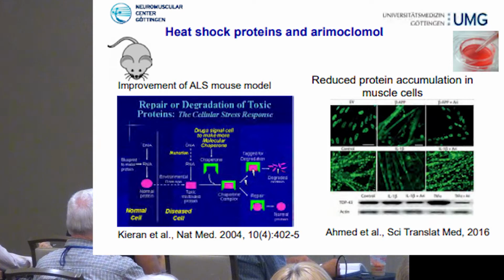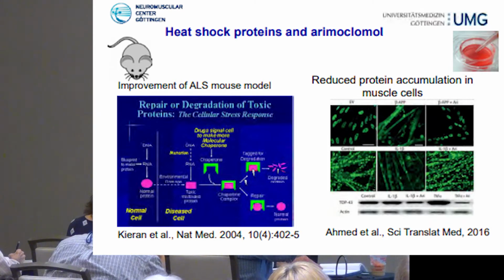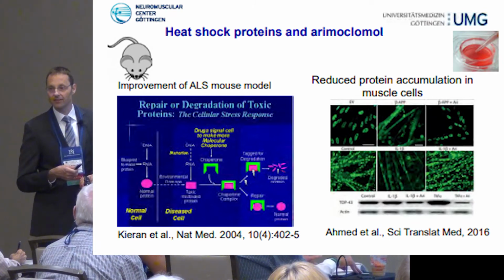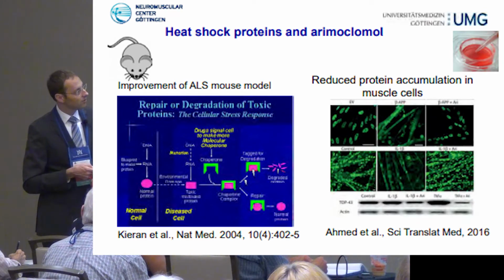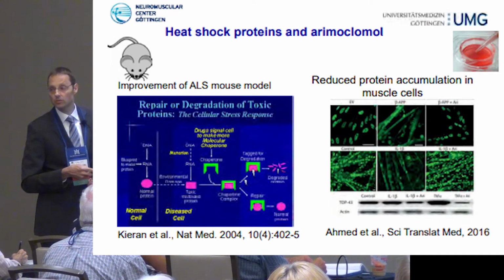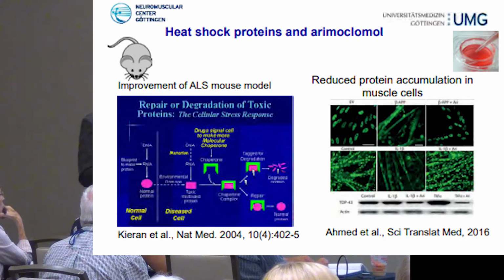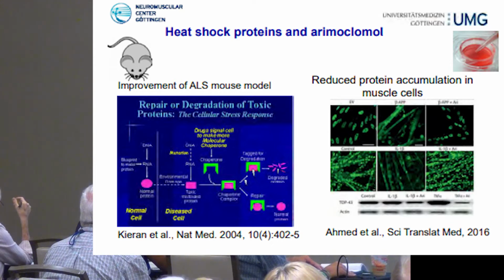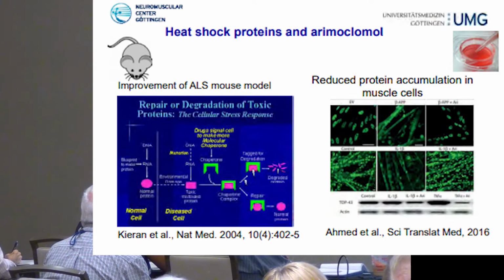So probably the IBM study now feeds back into the ALS field and convinces the authorities that this is at least a safe drug which probably doesn't do much harm. There has been a study with many people from the US participating, published in Science Translational Medicine 2016, with arimoclomol in a cell culture model.